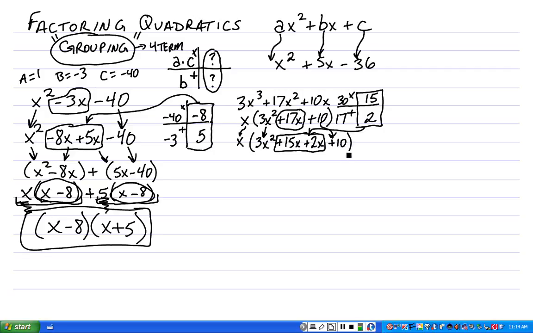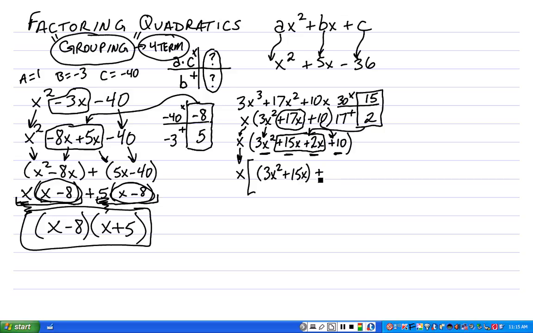Okay, so now I have 1, 2, 3, 4 terms. Alright, and we say grouping is hinted by 4-term polynomials. Alright, keep our x. So now, to keep my x isolated, I'll just put brackets. Okay, so now I'm going to group up my first two. 3x squared plus 15x.